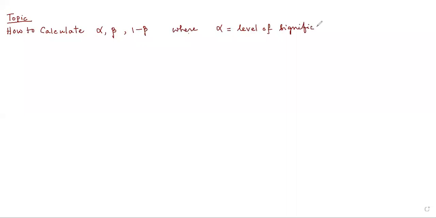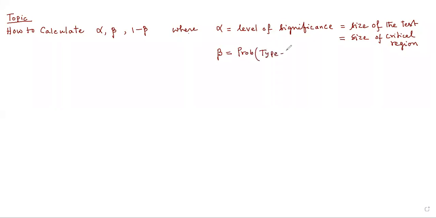Sometimes, as you know, the level of significance is also called size of the test or size of the critical region. And beta is the probability of committing type 2 error, whereas alpha is the probability of committing type 1 error.